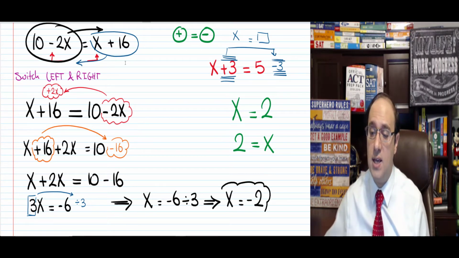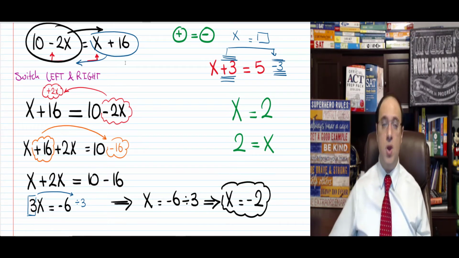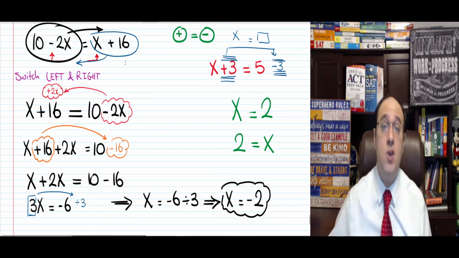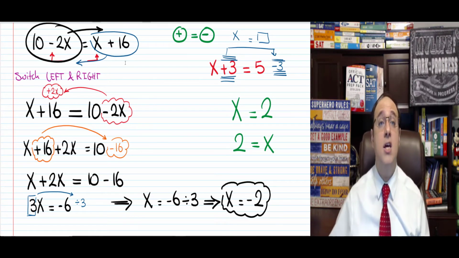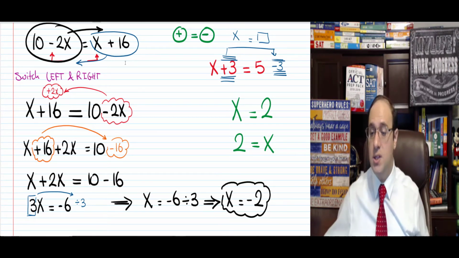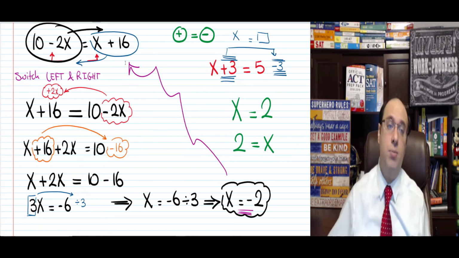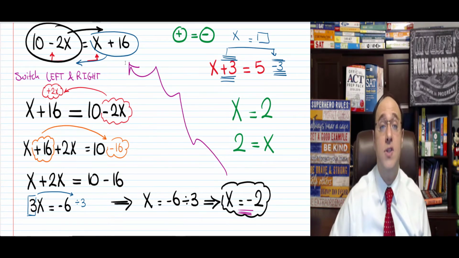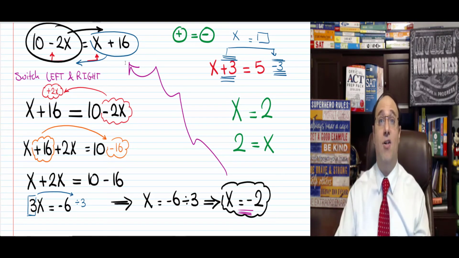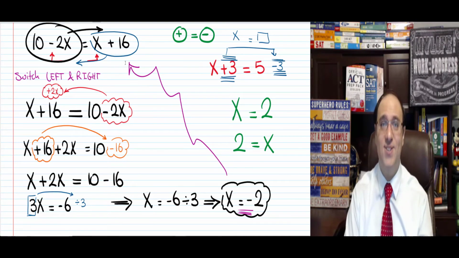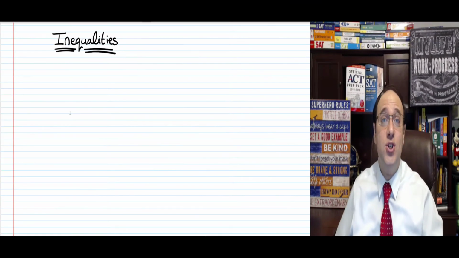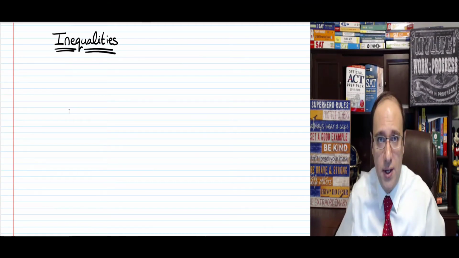So the answer is x equals -2. Of course, don't forget that you can always, and you should, test your answer. Take x equals -2, go to the original question, plug it in, and make sure you get the same answer on the left and on the right. Super? Super. Let's learn about inequalities.